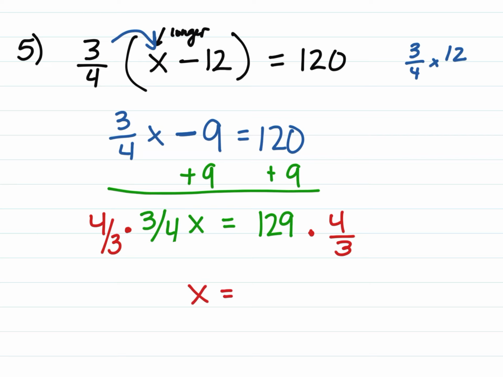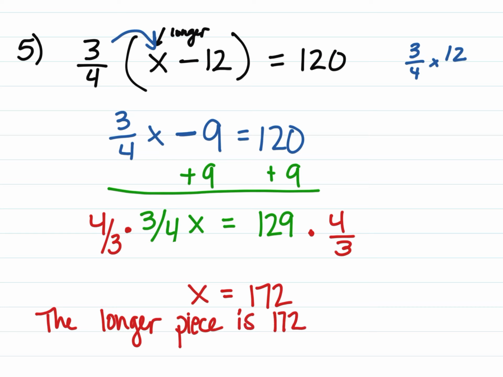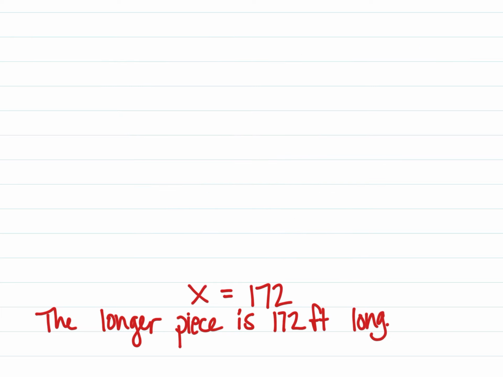And 129 times 4, and then divided by 3 gives us 172. Originally we said x represented the longer piece, so this means the longer piece is 172 feet long.